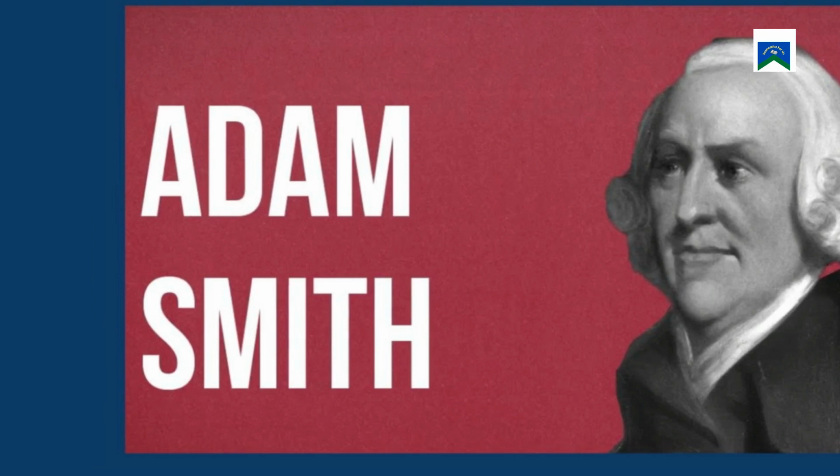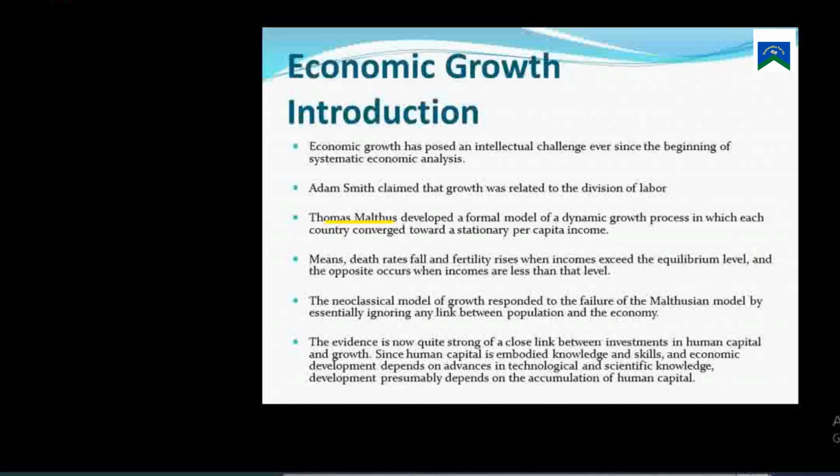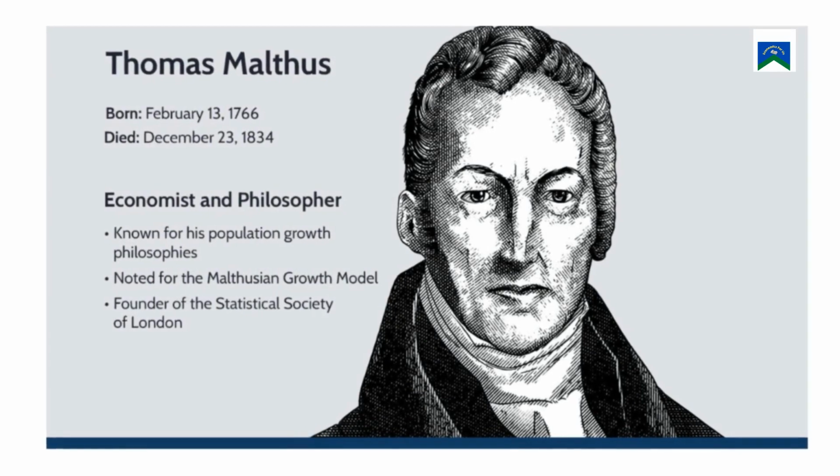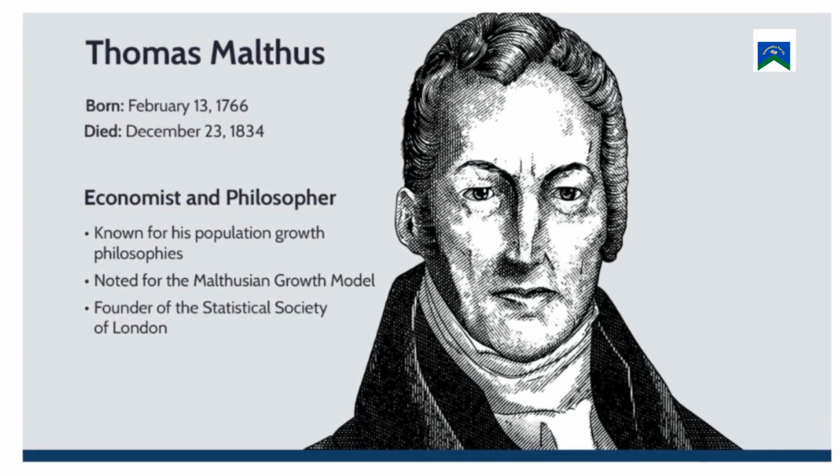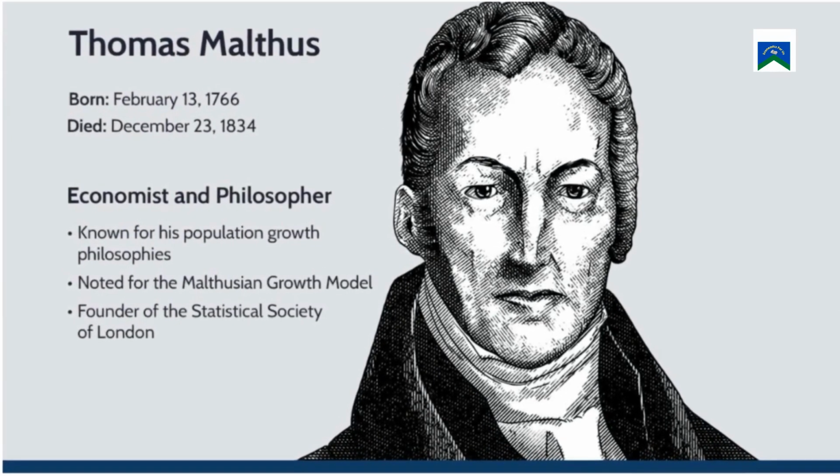He also writes some indicators: death rates fall and fertility rises, and income exists at the equilibrium level. So he defined economic growth this way.